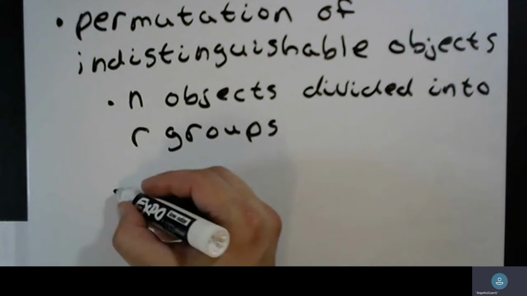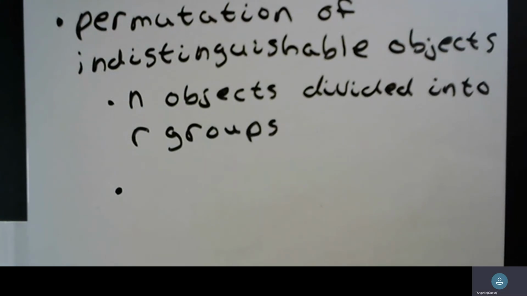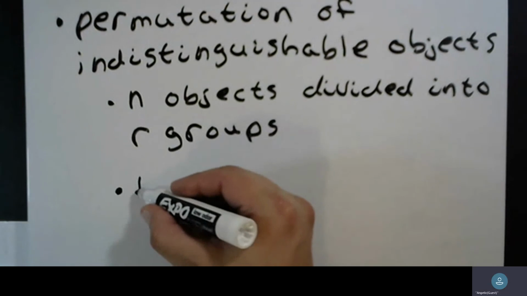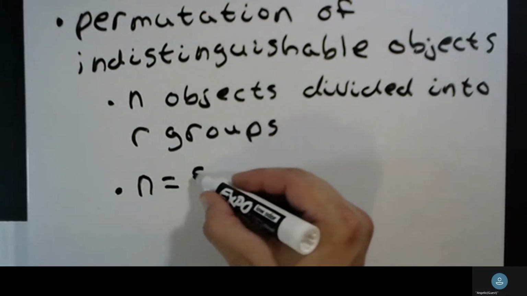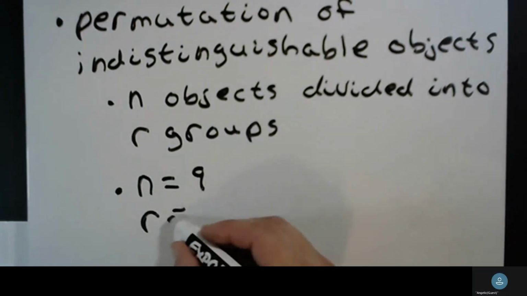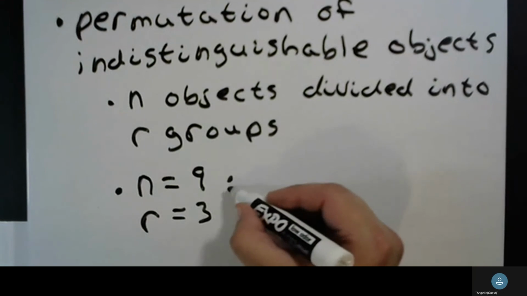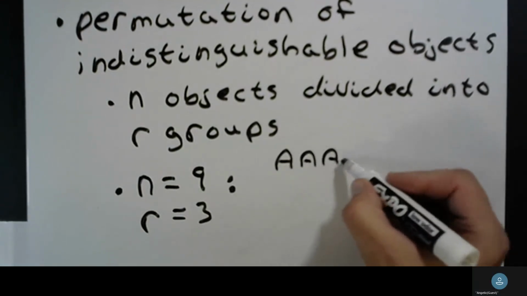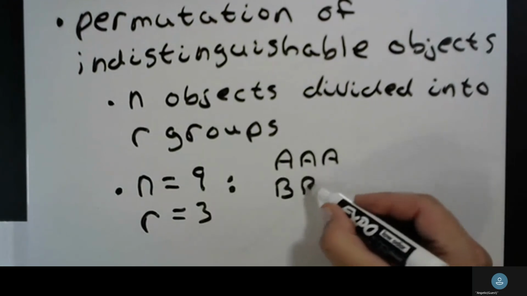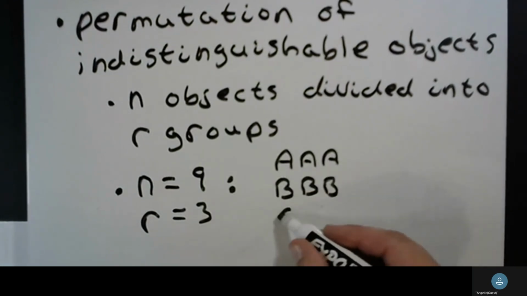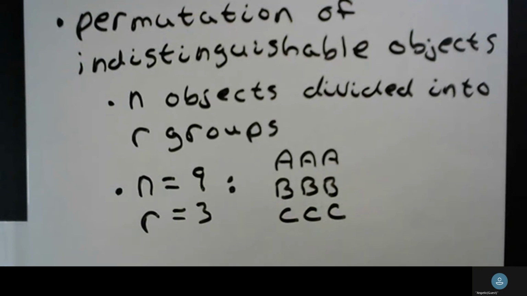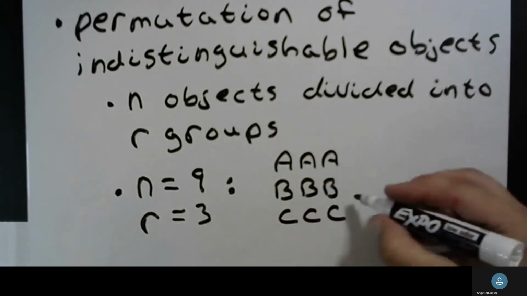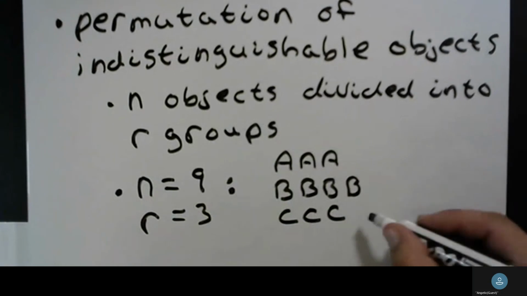So for example, we might have something like this. Let's say n is equal to 9, R is equal to 3, and we could have A, B, B, B, C, and C. Now let me change this a little bit.